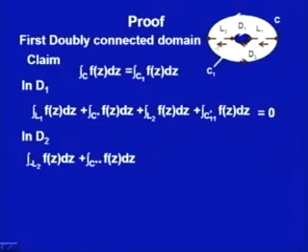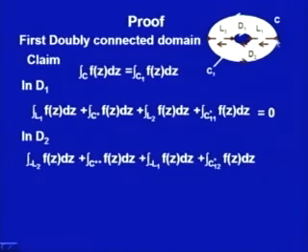So minus L2 f(z), plus C double star, the orientation is again counterclockwise, the lower half portion of C, f(z) dz, plus minus L1 because L1 is in this direction, and then C12 star, that lower portion of this C1 curve in this direction. This should also be 0 because D2 is also a simply connected domain.